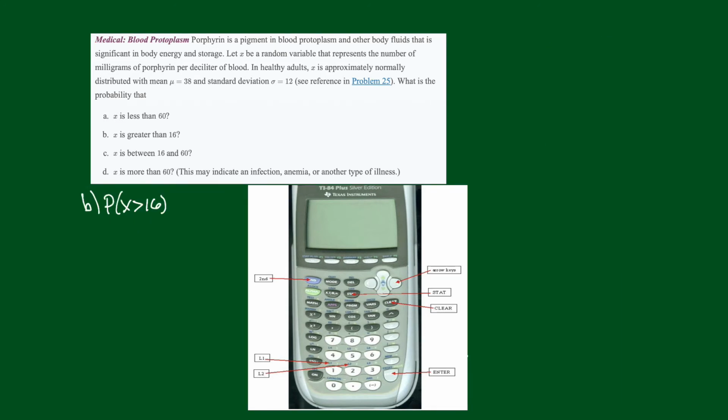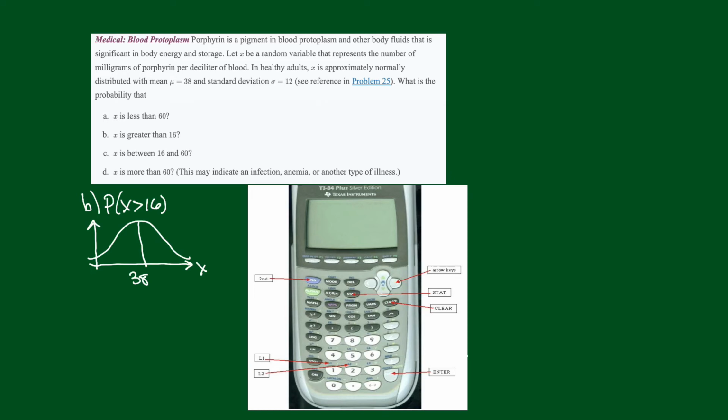Now in part B, they're asking us what's the probability that the porphyrin level is greater than 16. All right, so probability that x is greater than 16, I'm going to draw a little picture. I like these because they tell me which way I'm going. So I got a normal curve. The high point is our mean, 38, and we want to be greater than 16.